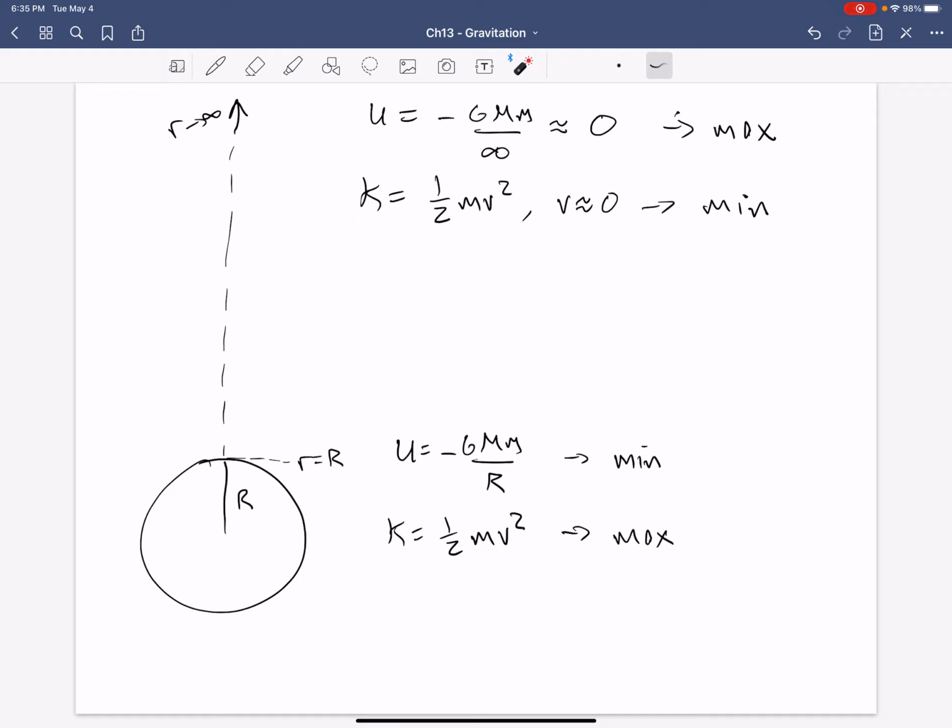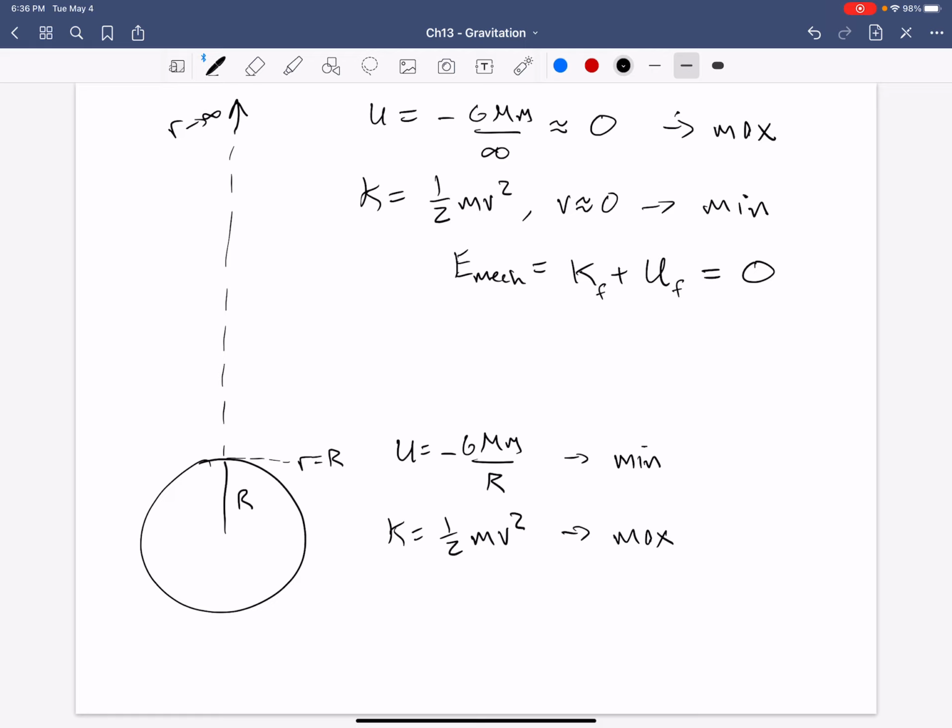So take a look at this. At an infinite distance away, both the gravitational potential energy and the kinetic energy are 0. That means that the total mechanical energy of the system, the system being the planet plus that satellite or that object of mass lowercase m, final, their sum is 0. The potential energy has a maximum value of 0.